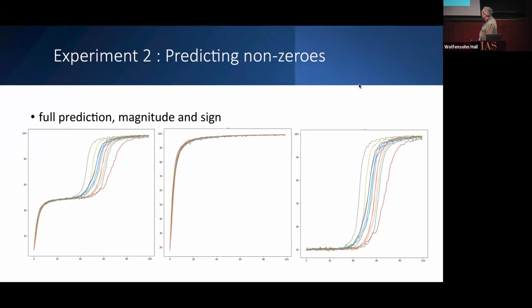And actually we understood what happened by looking at what the model was predicting. This is the final curve. This is when the model predicts the magnitude, so the absolute value of the coefficient, and this is what happened with the sign. And this was shocking, because there are only so many magnitudes and only 2 signs. The signs should be easier to learn than the magnitude, but it's not the case, obviously.